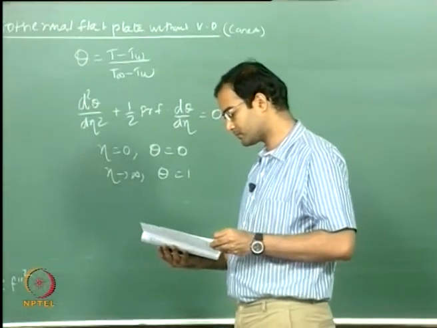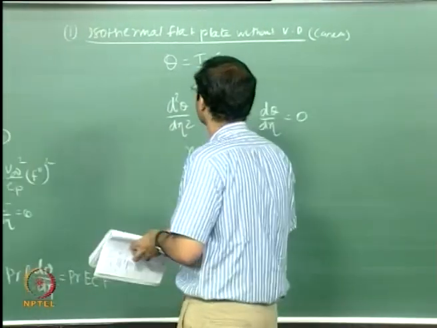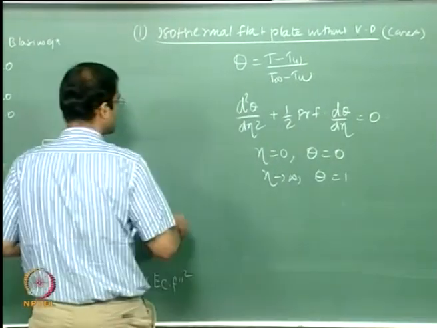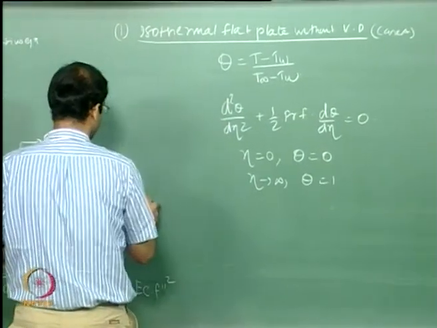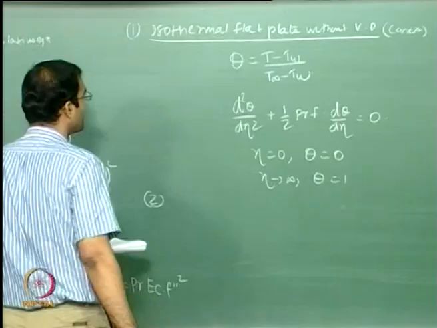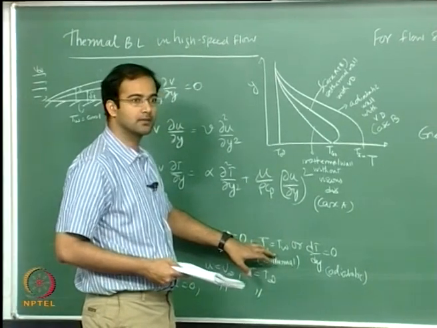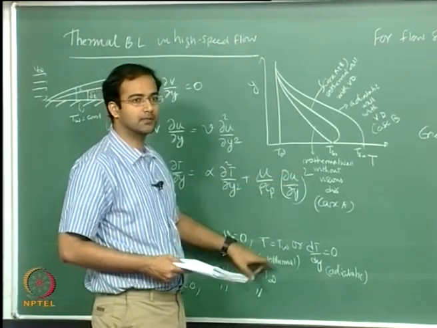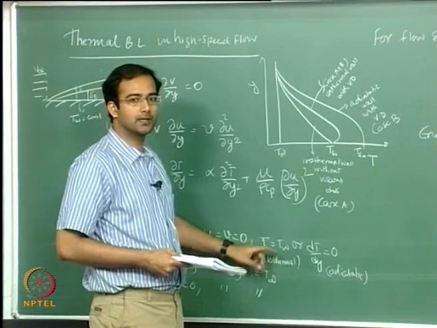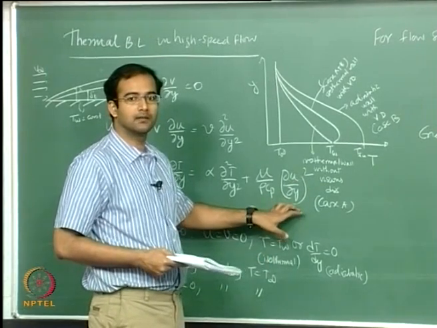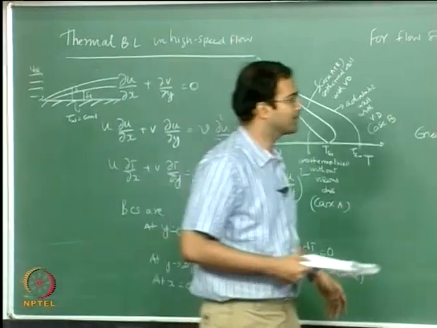And now the second part of the solution. So this is one problem which you have considered. What will be the second problem? We have split this into two solutions. One is without viscous dissipation with isothermal wall. The other should be including viscous dissipation but with adiabatic boundary condition.